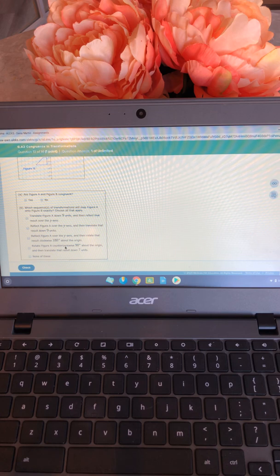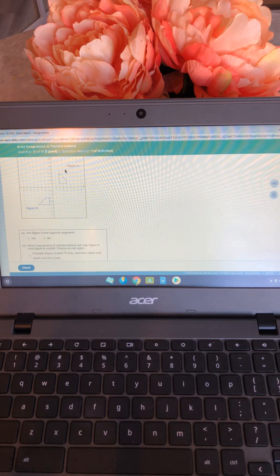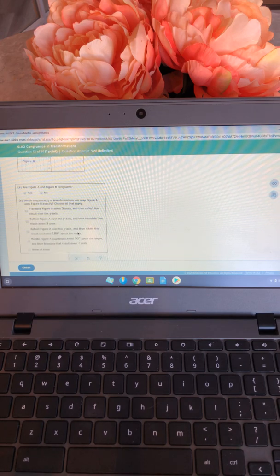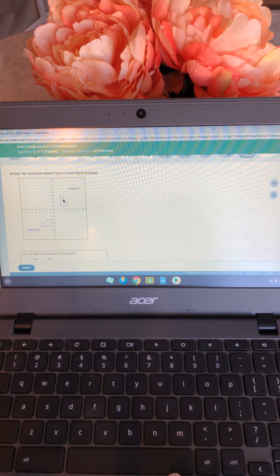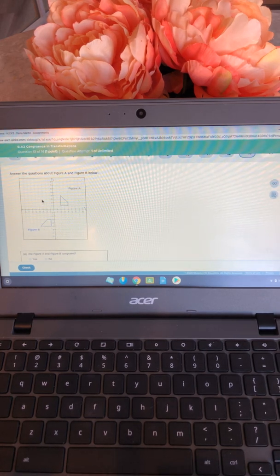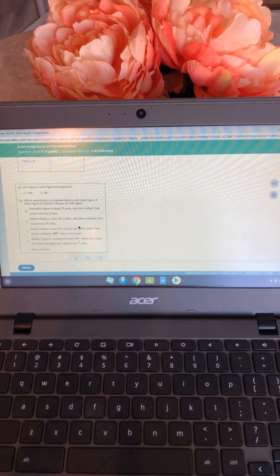And then they have rotate figure A counterclockwise 90 degrees about the origin, okay? So rotate this 90 degrees counterclockwise, okay? So when I turn it, it's gonna turn on its side and point this direction. Like this shape. It's gonna look like this, that direction. Now, it says, then translate that down 7 units.